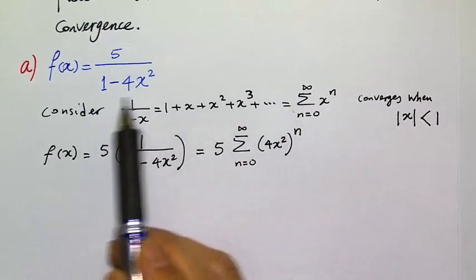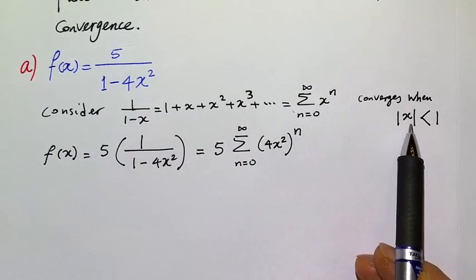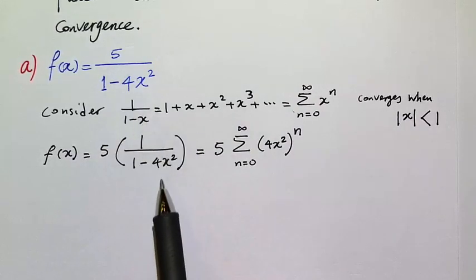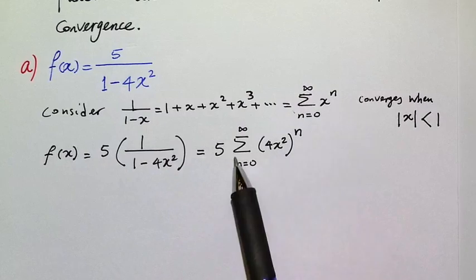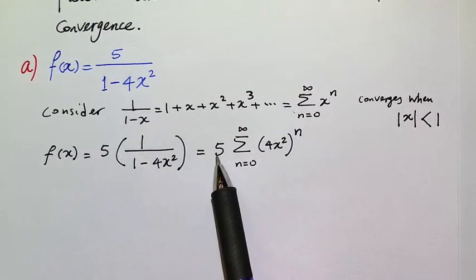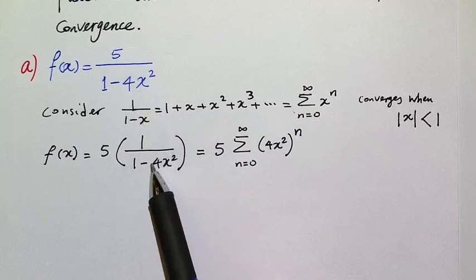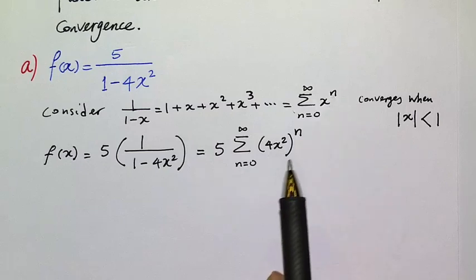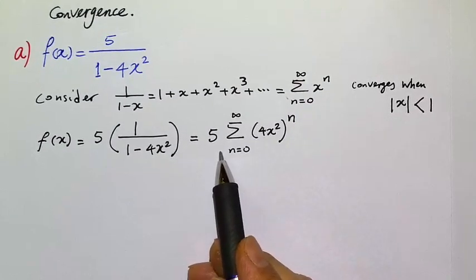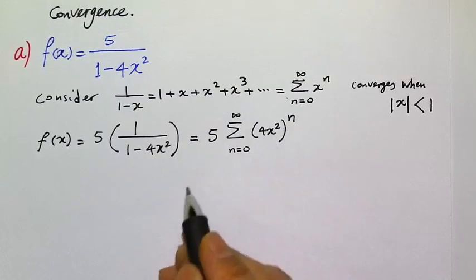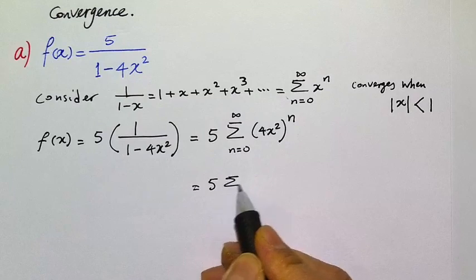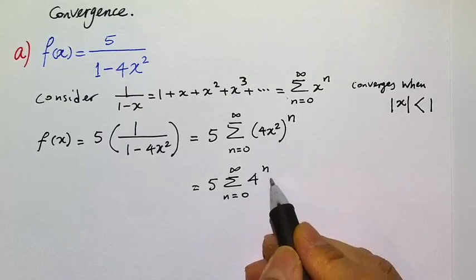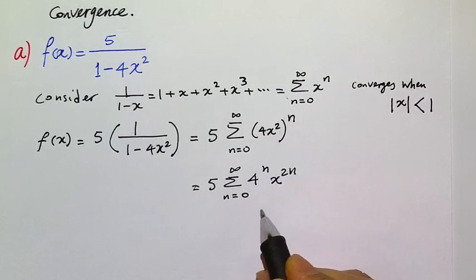So this is what we know, which converges when absolute value of x is less than 1. And by making this expression similar to this, we are modifying the series accordingly. So the 5 factor ends up in front. Instead of x, we have 4x squared, and that ends up here raised to power n. Okay, and then of course we can just take the 4^n out. We can rewrite this too if we like, with 4 to the n power, and of course x to the 2n power, right?